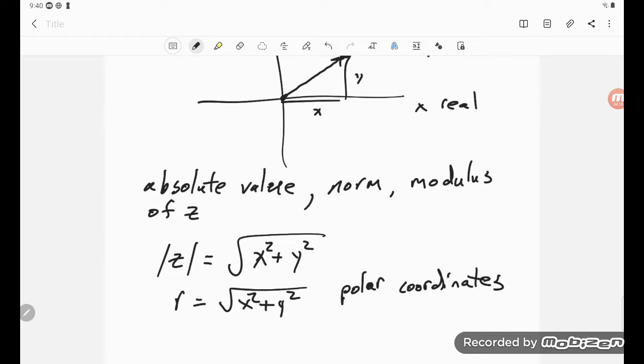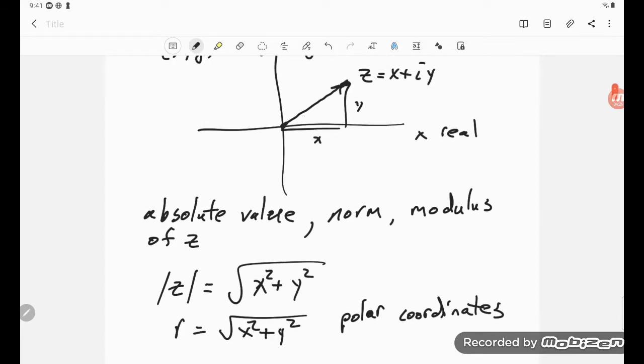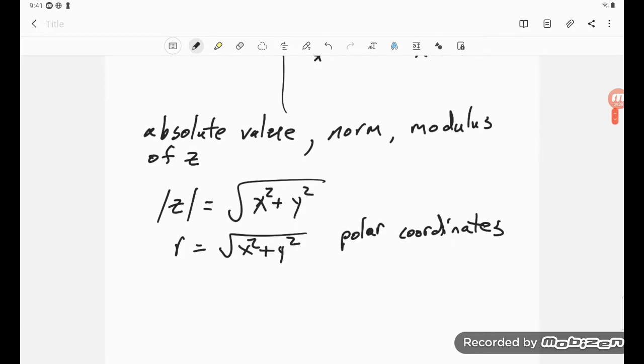Okay, so we have that. Now, similar with polar coordinates, if I think of that right triangle and there's theta, and here's r, that distance there, then what we see is that we can write x equals r cosine theta, and y equals r sine theta.